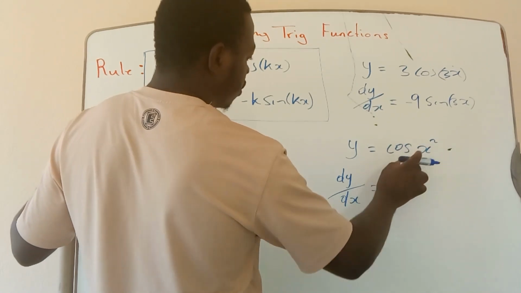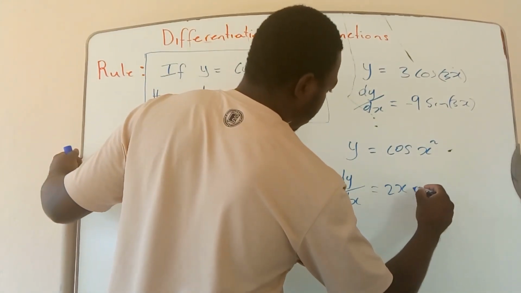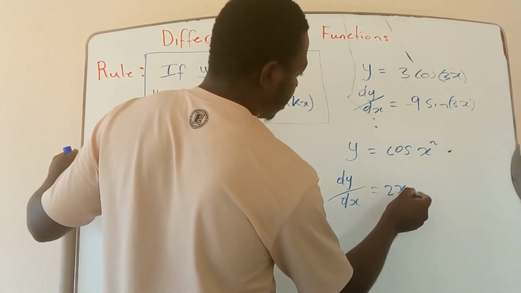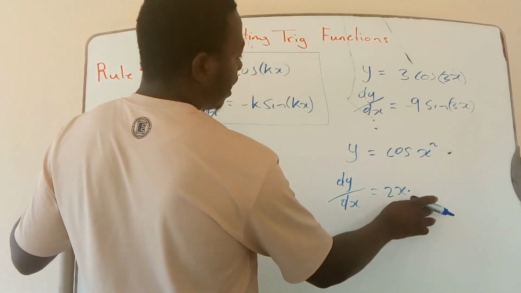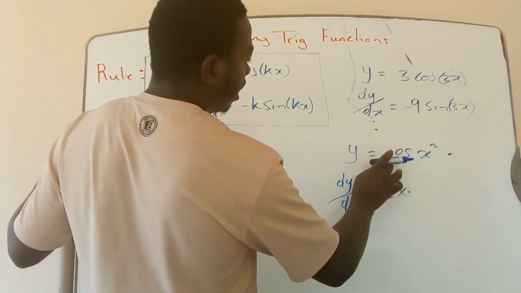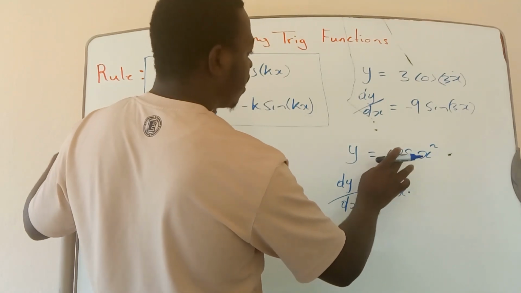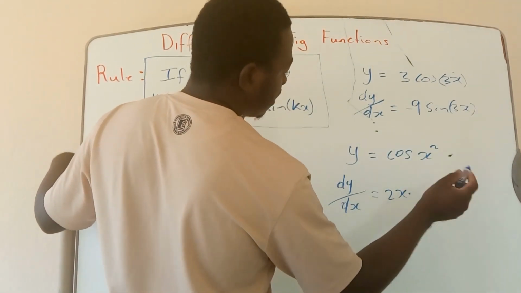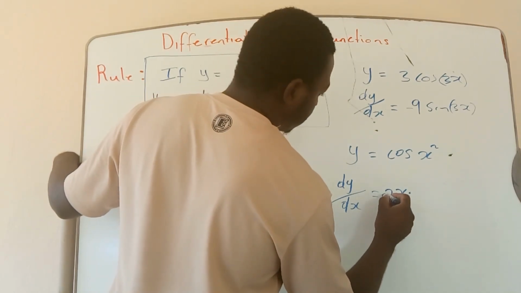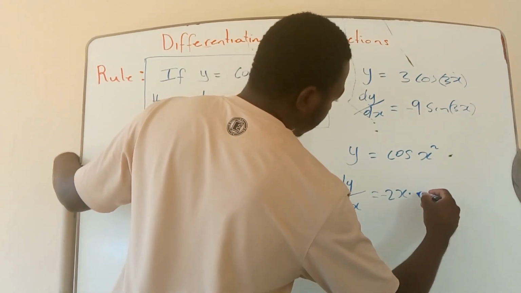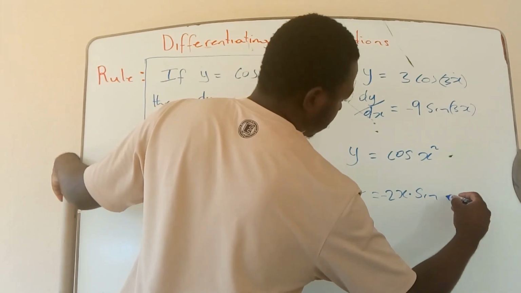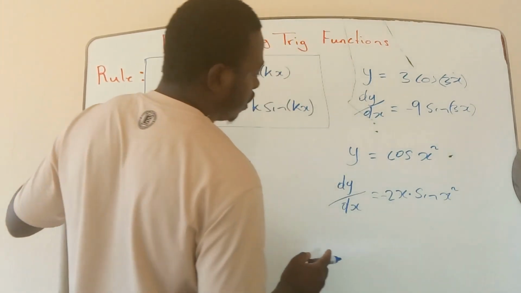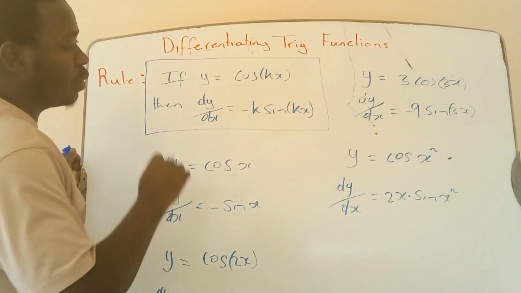If you differentiate x squared, that gives you 2x. Take that to multiply, and this dot here means multiply, the differential of cos x squared. So if you differentiate cos x squared, that gives you minus sine x squared. I'm going to put the minus in front of this 2x, and put the sine x squared here. So that's it.